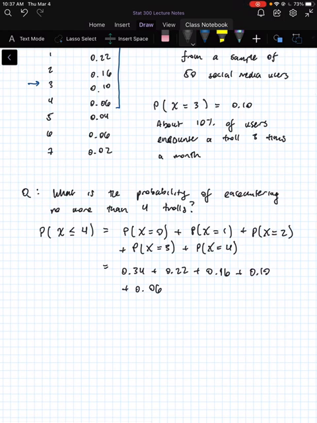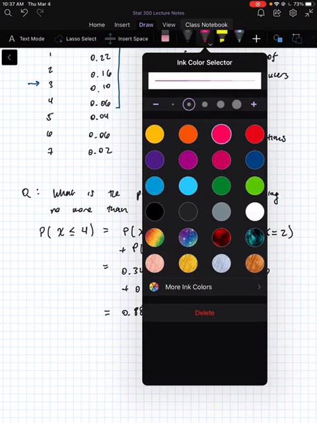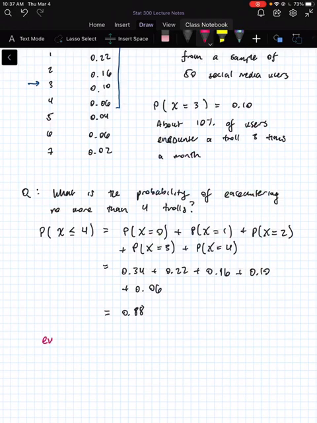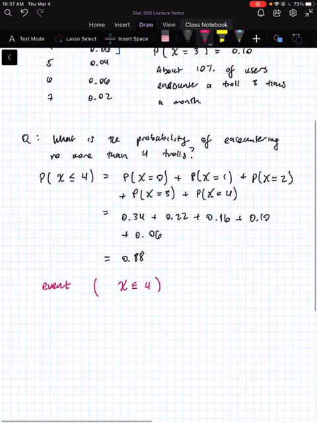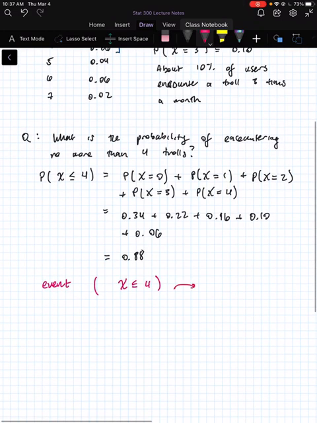And if you have a calculator handy, you can actually find that value, keeping in mind that you know you've done it correctly if it's something that is less than 1. Because what we're doing is we're taking an event, namely x is less than or equal to 4, and we're finding its probability.